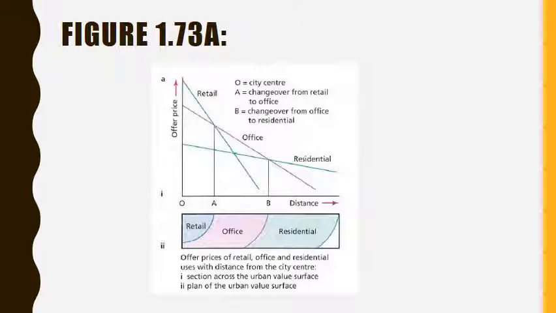Here you can see figure 1.73a, the graph which shows offer price and distance from retail to office and residential, and you can see the intersection between these areas. O means city center, A means changeover from retail to office, B means changeover from office to residential.